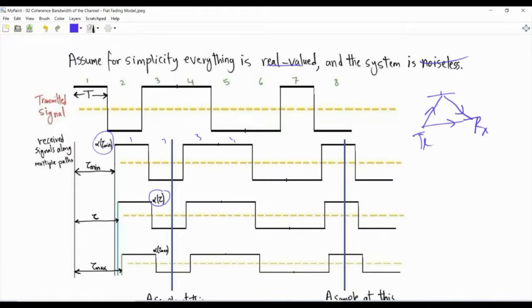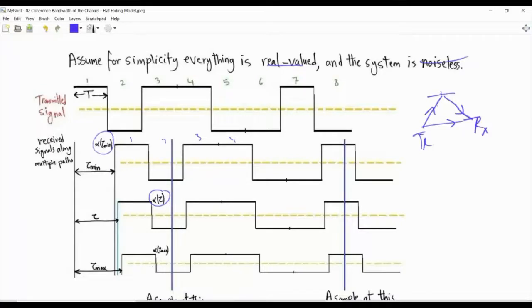In a rich scattering environment, the environment is full of scatterers, and so you get so many of those copies, up to the replica of the transmitted signal that you get at the receiver after the maximum delay tau max.